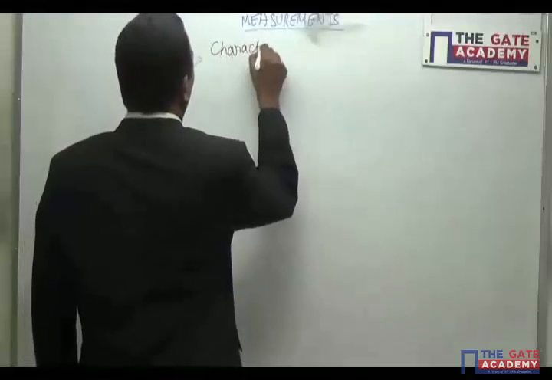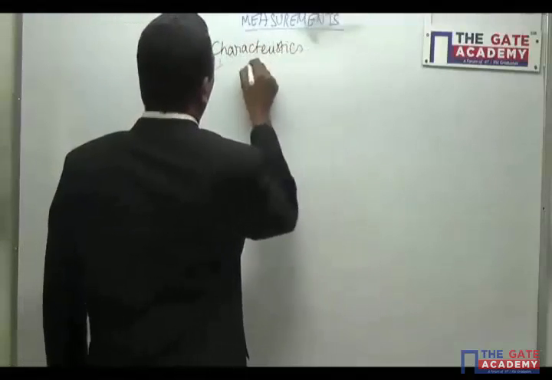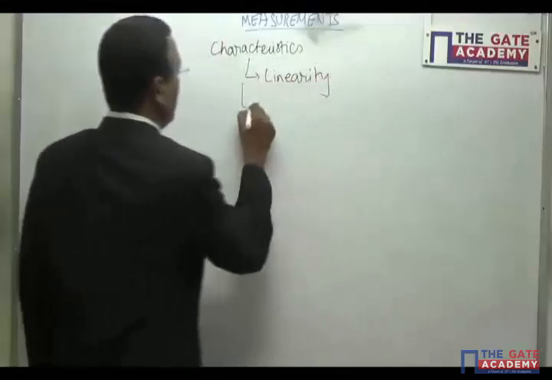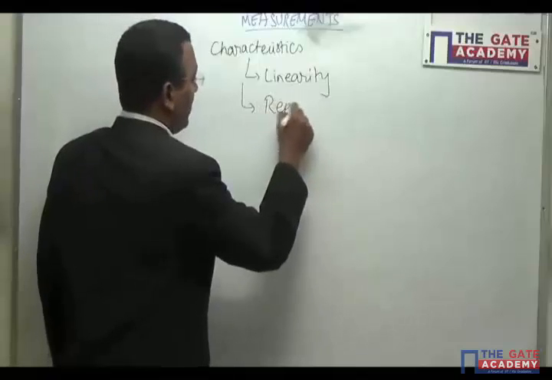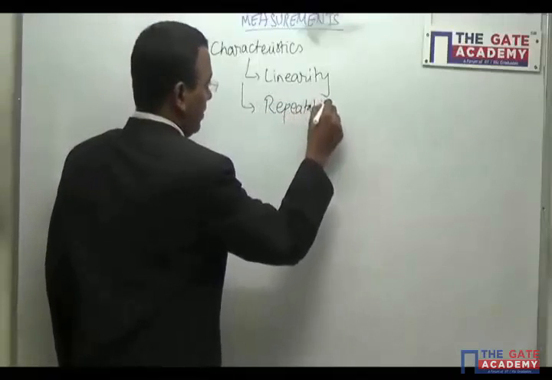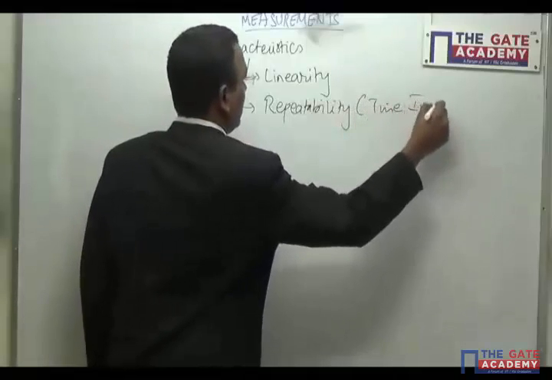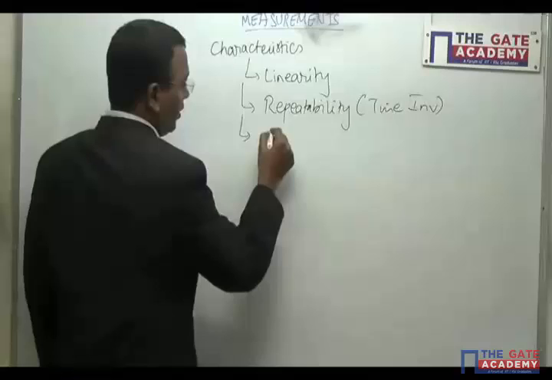Characteristics of instruments. So we asked for linearity, repeatability or time invariance, then we asked for low drift.